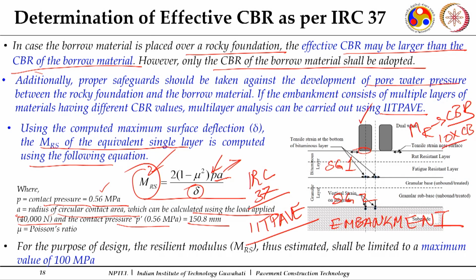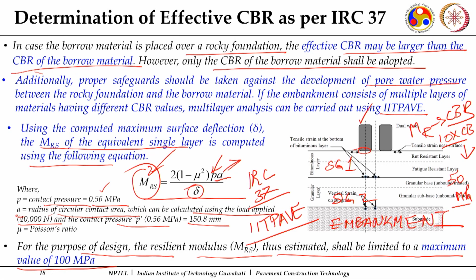So, if CBR is 5, the MR value comes out to be 50 MPa. Whatever the case, for design purposes the resilient modulus should be limited to a maximum value of 100 megapascals only.